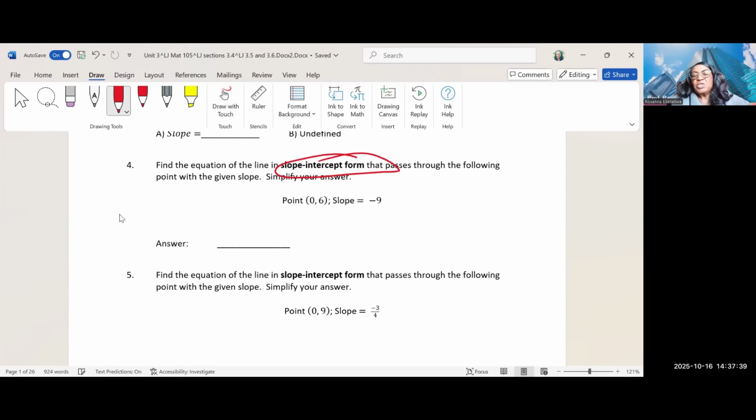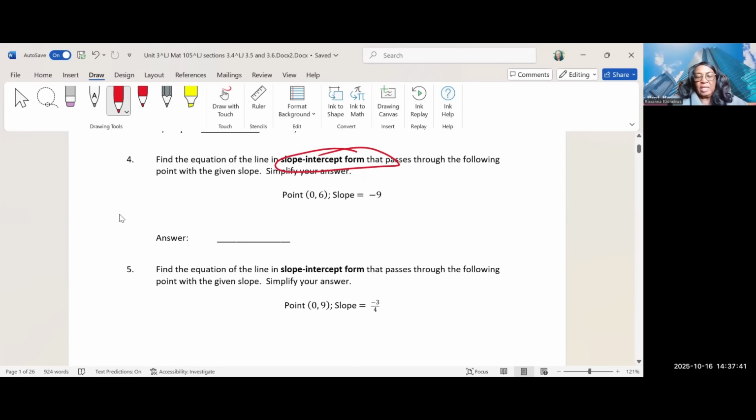In other words, the equation should be like this. And the point is 0, 6. The slope is negative 9.